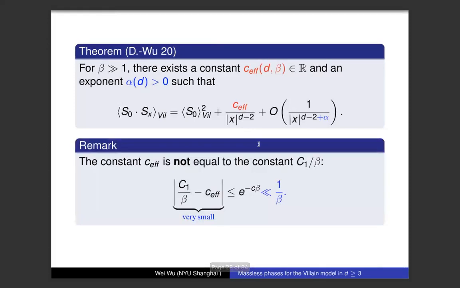You can observe that this effective constant C is not going to be equal to what you calculate from a spin wave. But on the other hand, it's also going to be a very small correction of the constant you calculate from the spin wave computations.